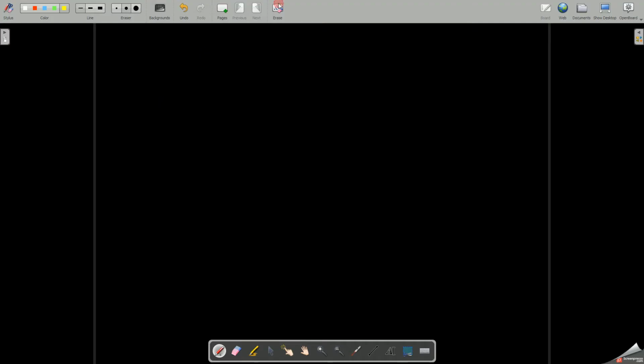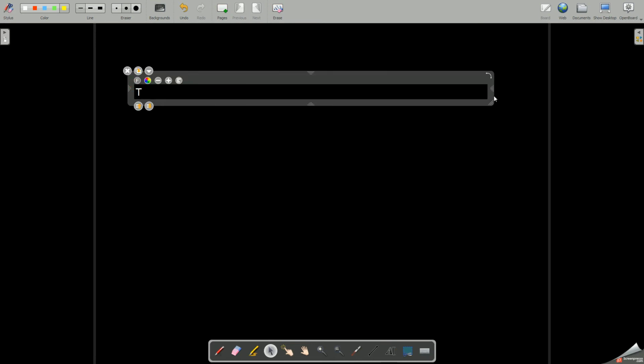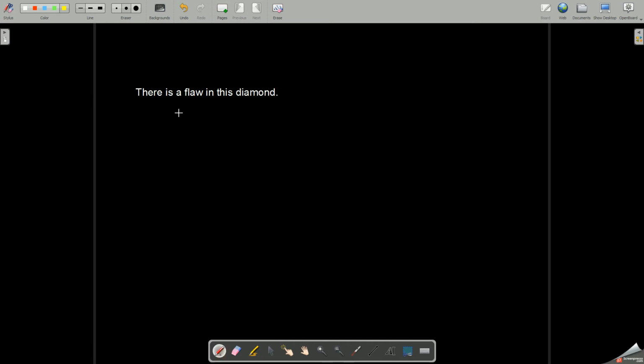There is a flaw in this diamond. Now many, even to me it was a little bit confusing, but I'll try my best to explain this. So of course now I'm trying to say there is a flaw in this diamond. So what am I trying to do?